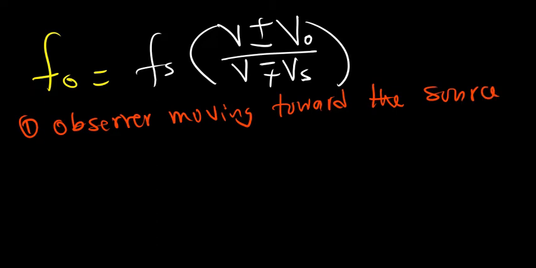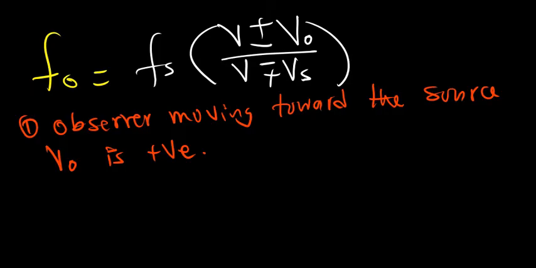So if the observer is moving toward the source, what you should know is that the velocity of the observer is going to be positive. If they are talking about the observer moving toward the source and the source is not moving, in that case the VO is always positive.